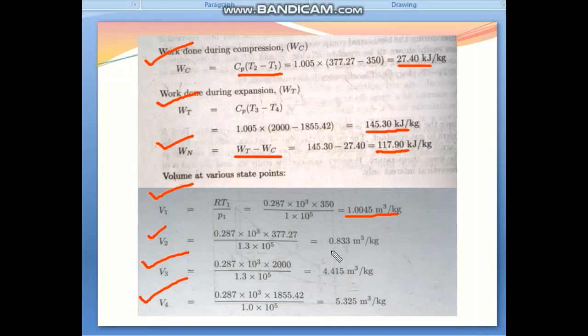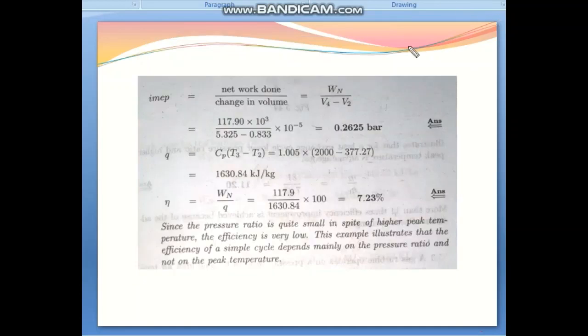So the V2 value is 0.833 meter cube per kg, V3 is 4.415 meter cube per kg, and V4 is 5.325 meter cube per kg. The indicated mean effective pressure is the net work done divided by the change in volume.